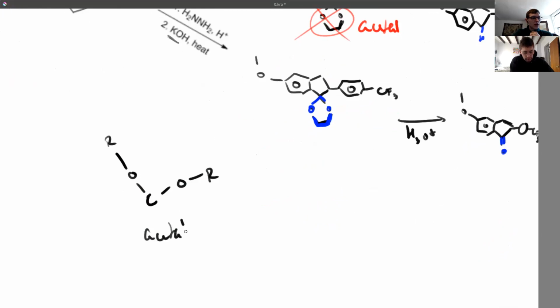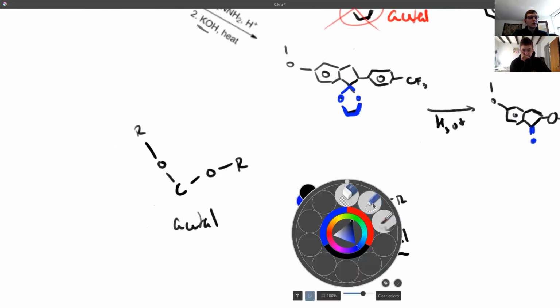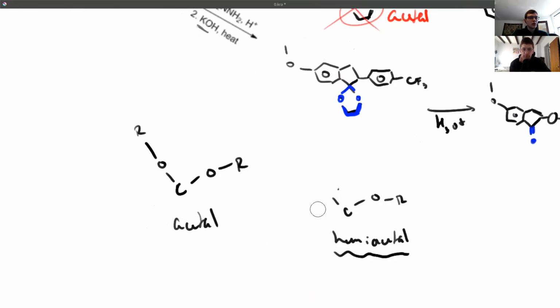If you have a carbon with 1 ether and 1 alcohol, we would call this a hemiacetal. This you don't need to worry about so much until May or late April. Hemiacetals will come up again, but not so much. Acetals though, this we don't need to worry about.